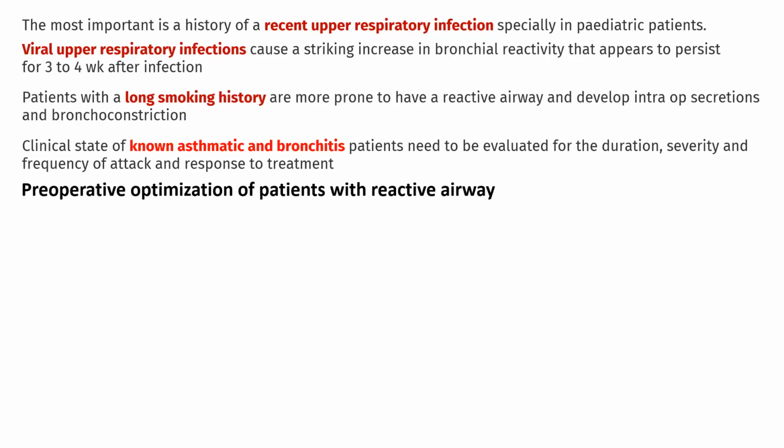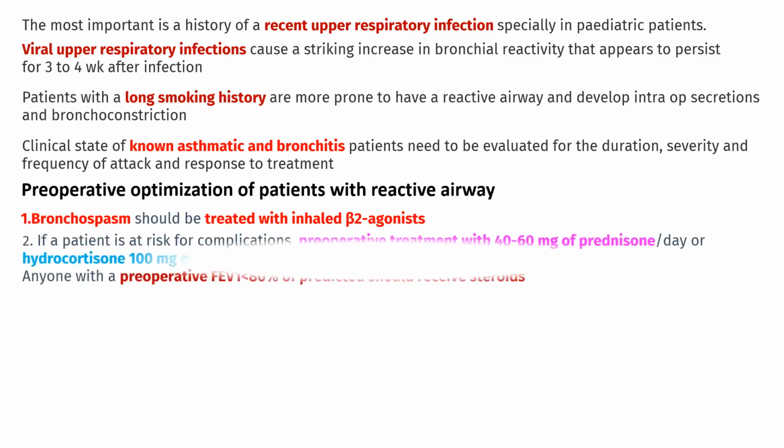Now, preoperative optimization: bronchospasm should be treated usually with an inhaled beta-2 agonist, and if the patients are not responding well to the beta-2 agonist, then sometimes they may need prednisolone, that is, steroids may need to be given, or you can give hydrocortisone.